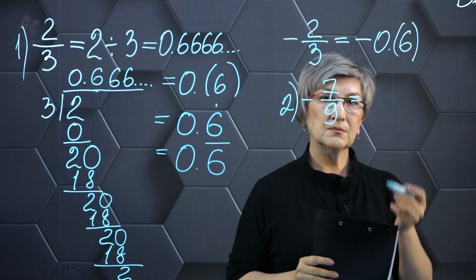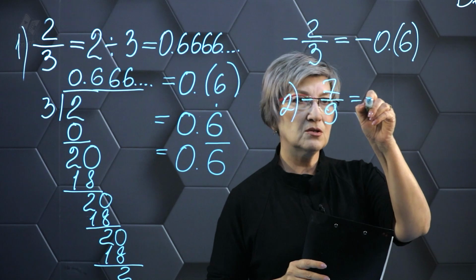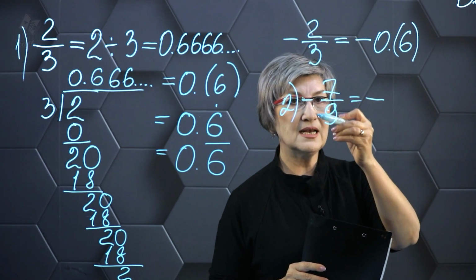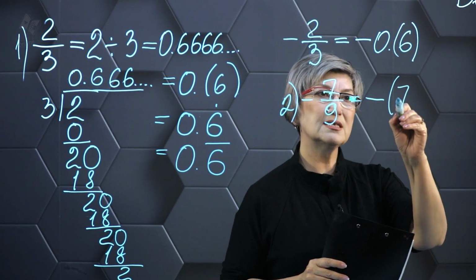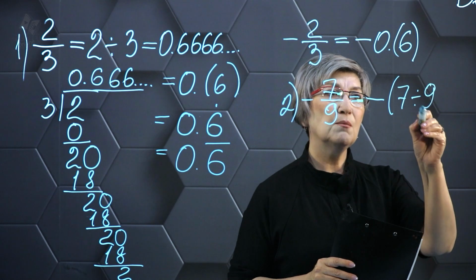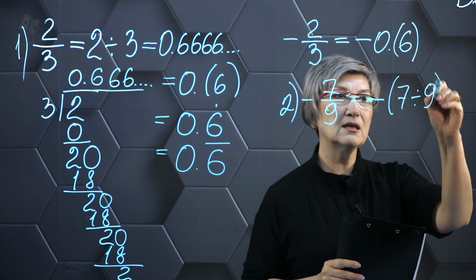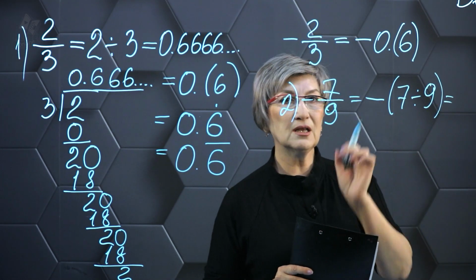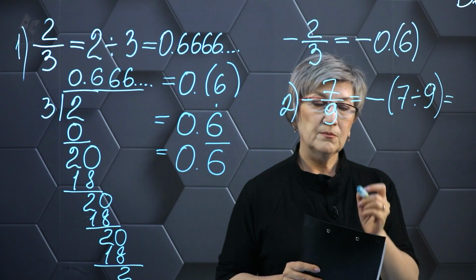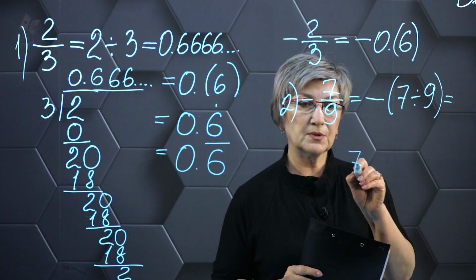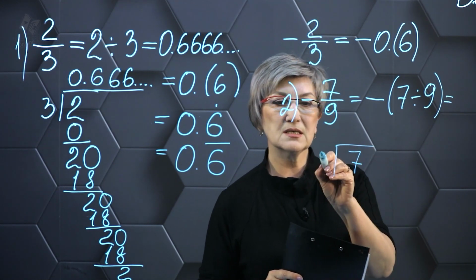Applying our algorithm, we'll write down minus and dividing of the number 7 by the number 9, while we write it in parentheses. In order to keep the minus out of our way, we're going to do the division in columns. 7 divided by 9.